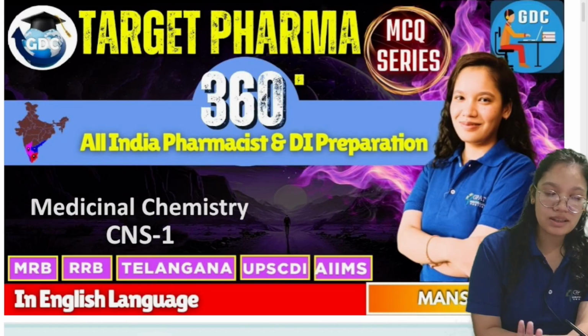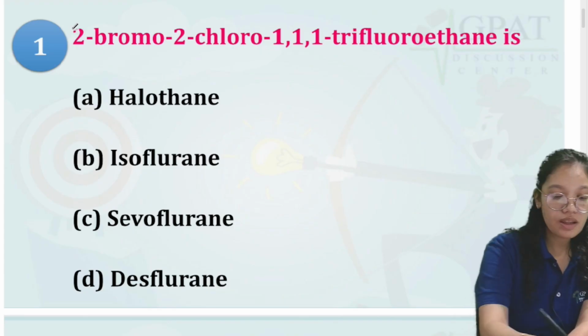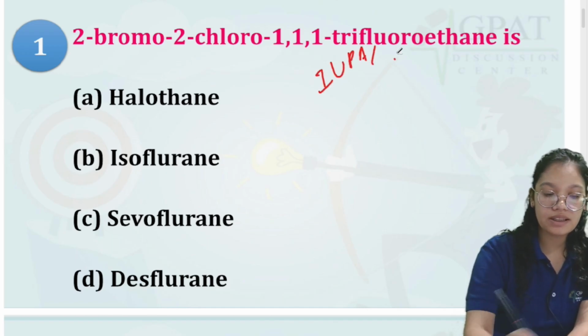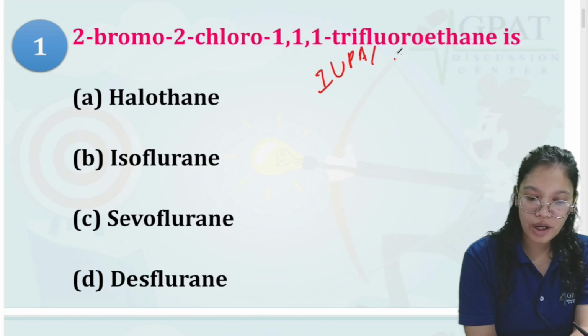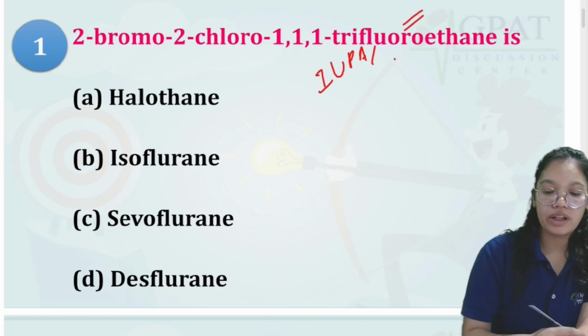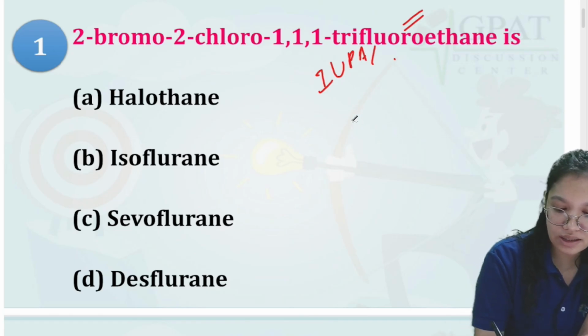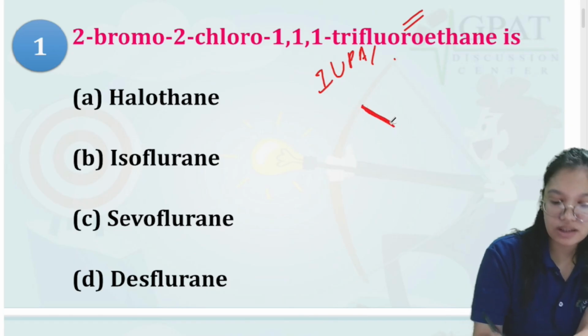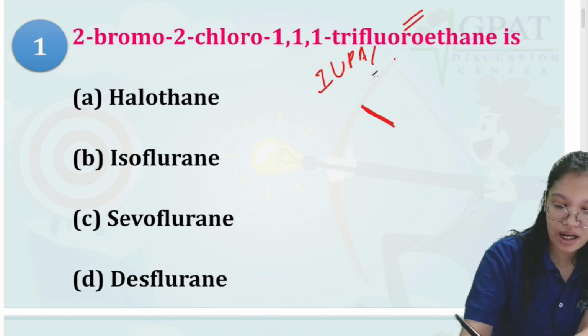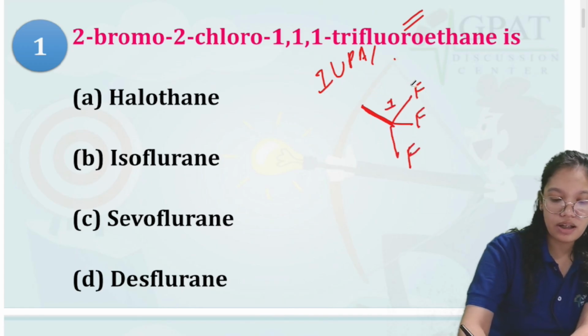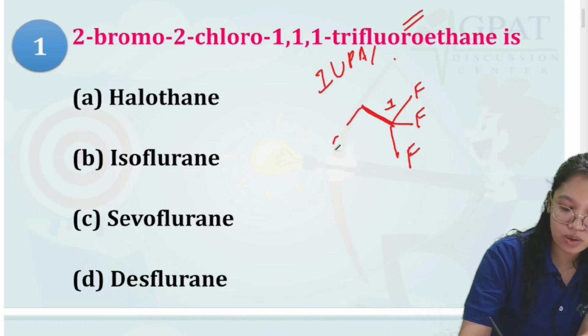So let's start with our first question. It is from the IUPAC. It says 2-bromo 2-fluoro 1,1,1 trifluoroethane is. So let's draw the structure first. This is ethane. Ethane contains 2 carbons. At first position we have trifluoro, so 3 fluoro groups are attached at the first position, and at the second position it has a fluoro group and a bromo group.